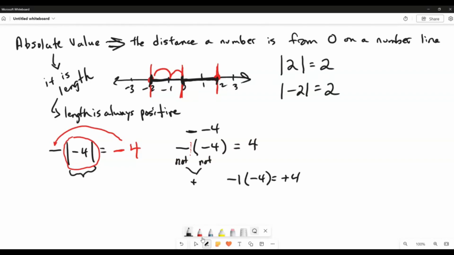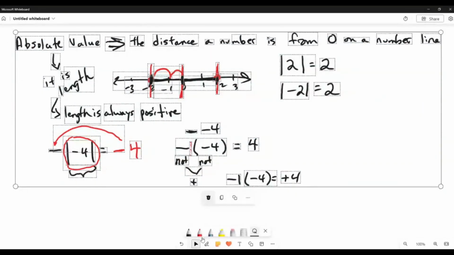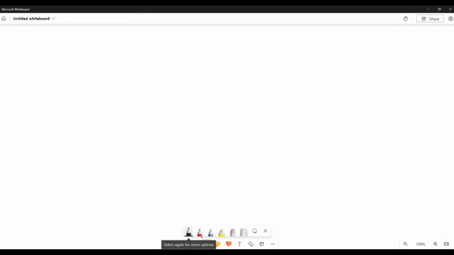All right, so we're going to use this information and we're going to work the problems on this sheet. So number 1 through 3 have already been done for us. So let's look at number 4. We have absolute value of 2 plus 2. So on these problems, we need to look first of all at what is inside the absolute value bars.